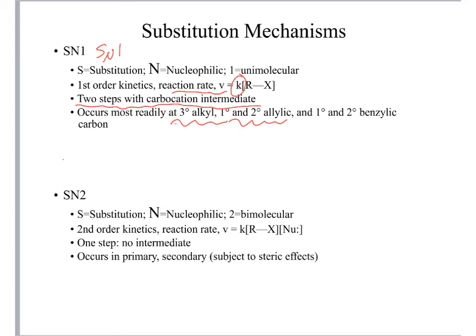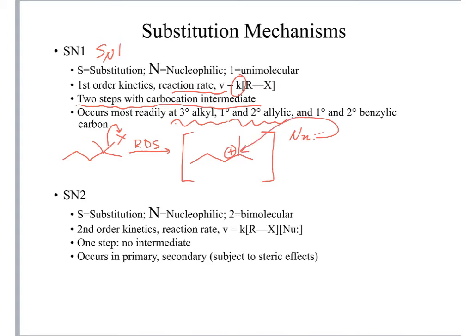So the generic mechanism involving, for example, a tertiary alkyl halide will involve dissociation of the leaving group in the rate determining step, giving us the carbocation intermediate, followed by addition of the nucleophile, which occurs more readily, to get the substitution product.